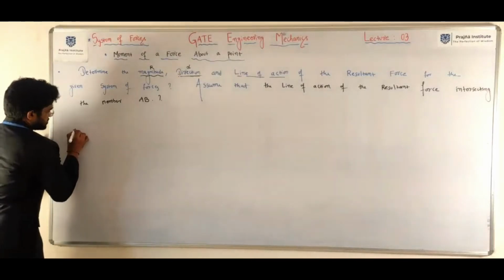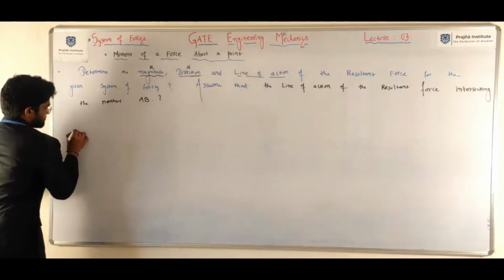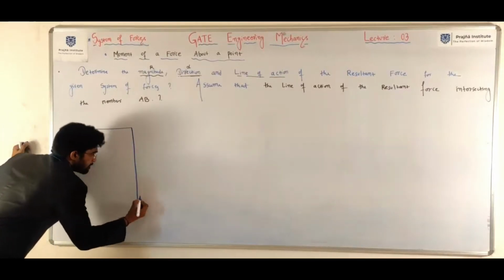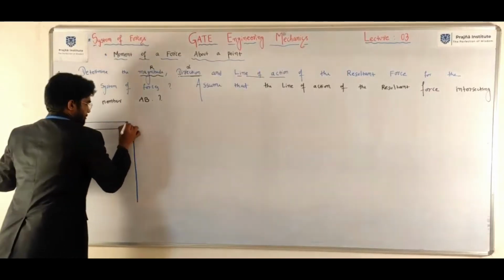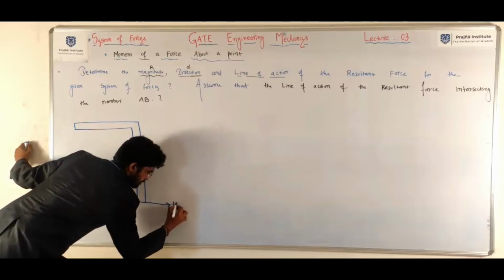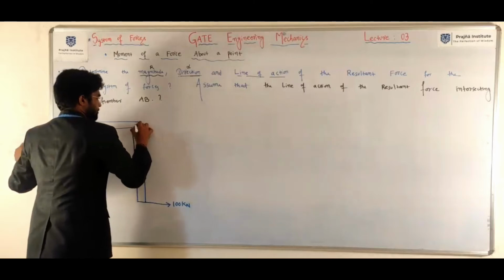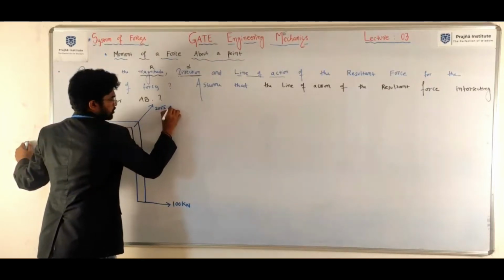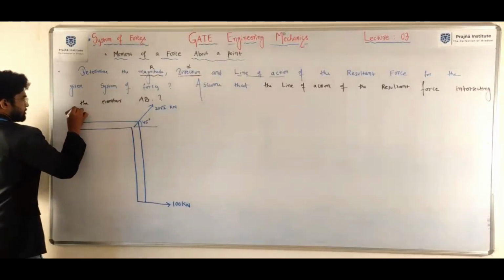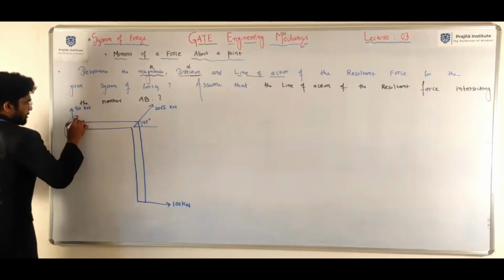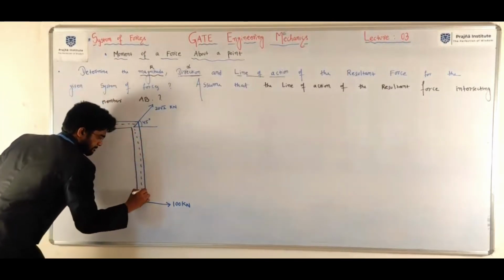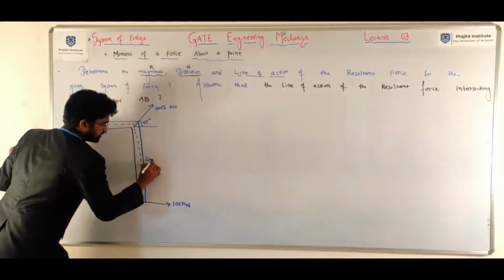First, write down the given system of forces. 100 kilonewton, 20√2 kilonewton at 45 degrees, 50 kilonewton, 185 kilonewton meter, and the distances are 1 meter and 2 meter.